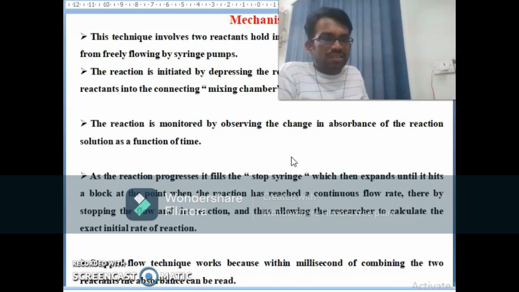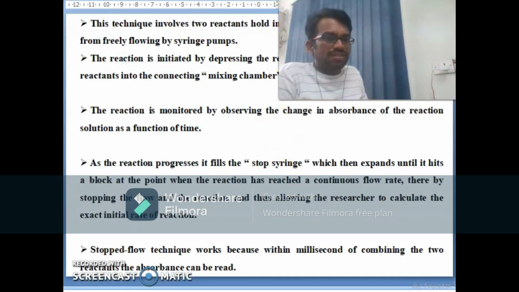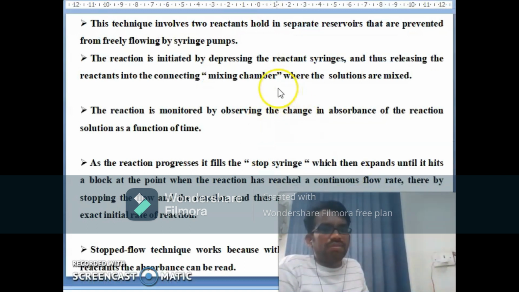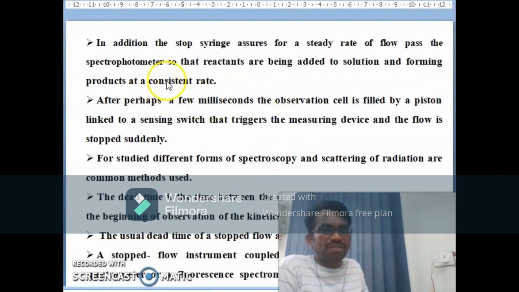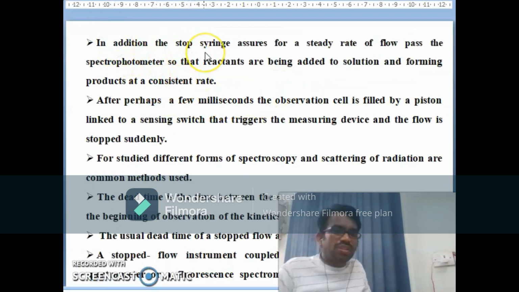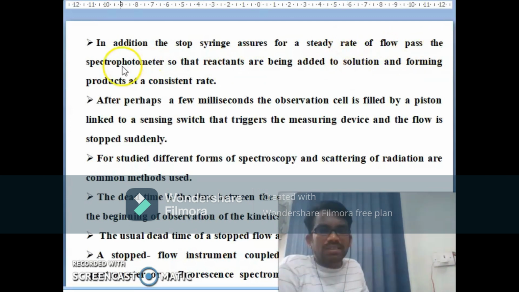You can see the next slide. You will understand in more detail. I mentioned some points. The addition of two syringes ensures a steady rate of flow through the spectrophotometer, so that reactant is being added to the solution and forming the product at a consistent rate.